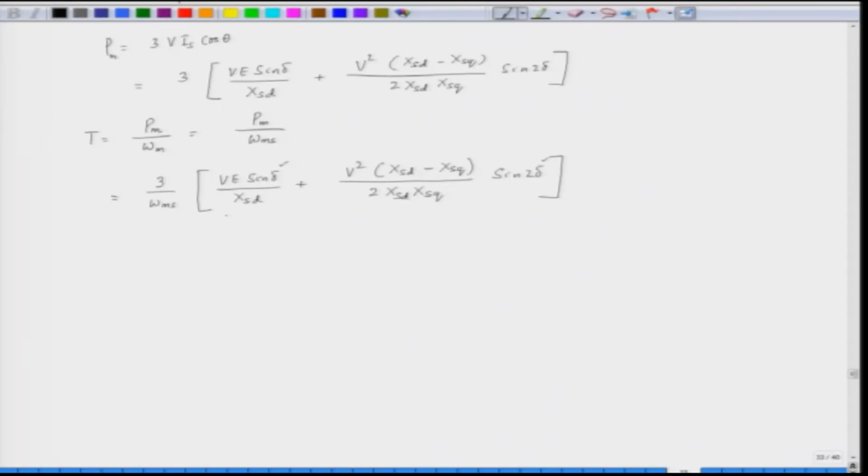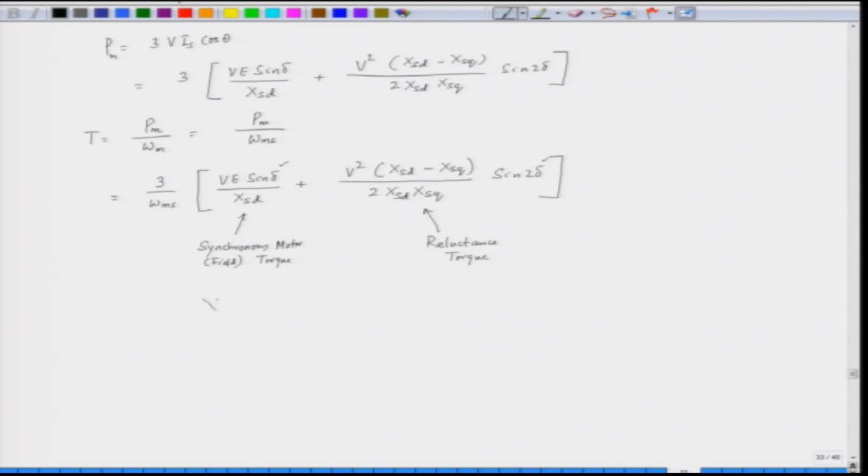Here, this is the normal synchronous machine torque, this is due to the field winding, the synchronous motor or field torque, and the second term is called the reluctance torque. This term is called the reluctance torque.